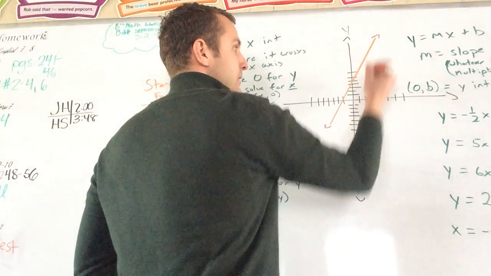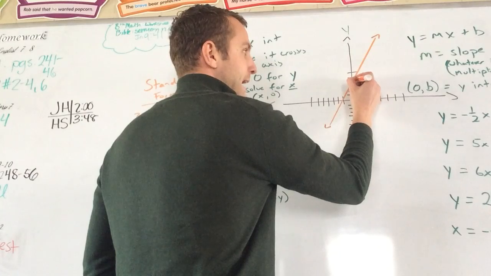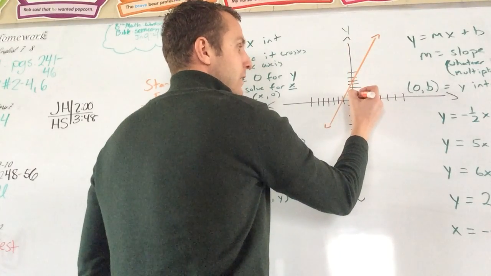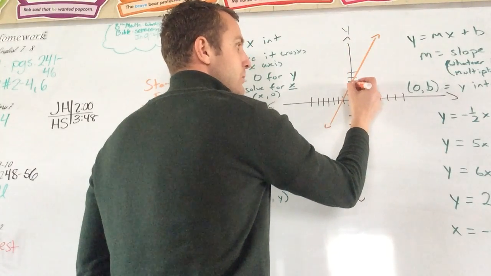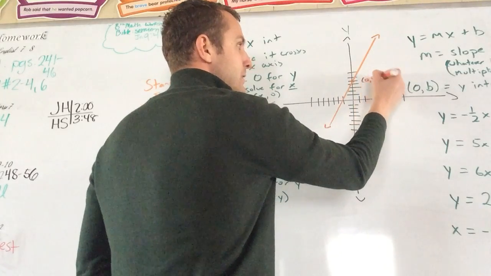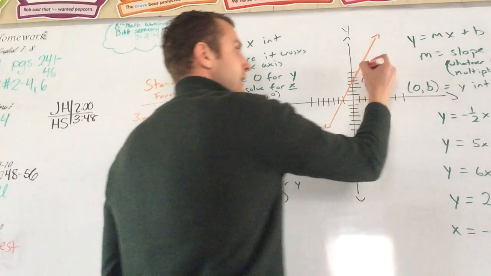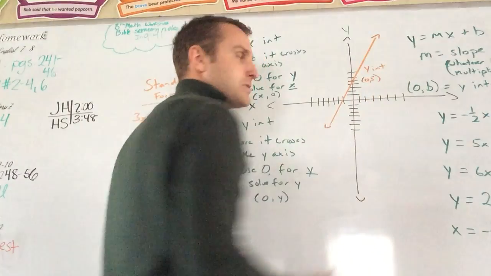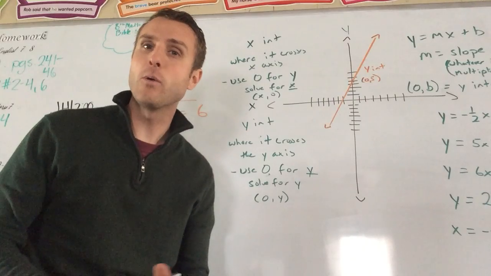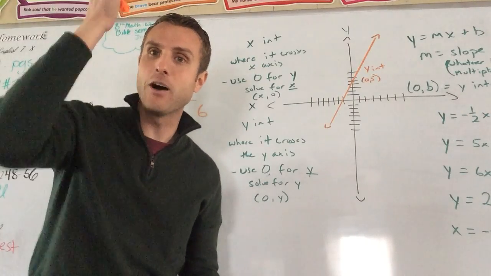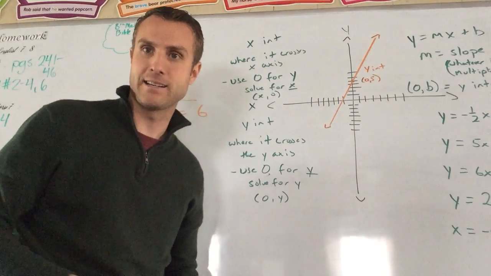So this line crosses the y-axis right here at 0, 1, 2, 3, 4, 5. So 0, 5 is my y-intercept. So my y-intercept is always where it crosses the up and down line, the y-axis.